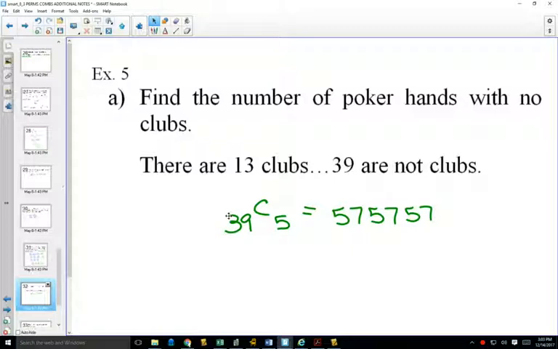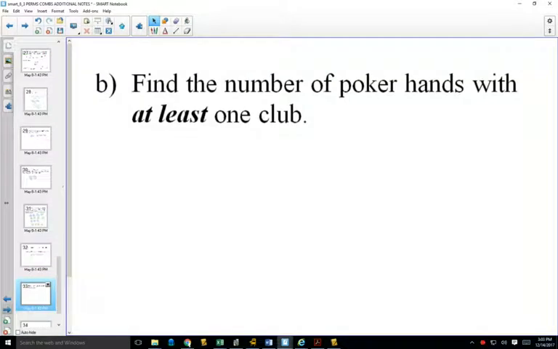Now, the problem with counting questions is that you can come up with something logical that makes sense to you that can be completely and utterly wrong. So what I'm going to do in this next question is become a salesperson. I'm going to try and sell you 3 different methods for doing this, and I'm going to convince you that all 3 are right.